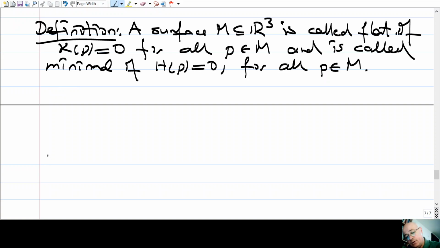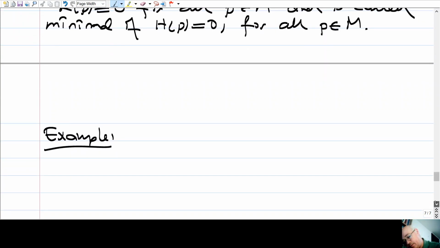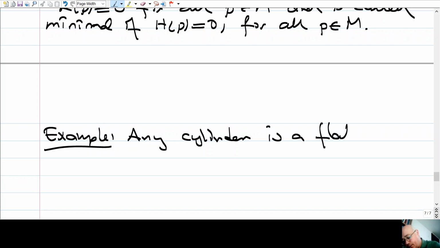So, example, any cylinder is a flat surface. Actually, a cone is also a flat surface.